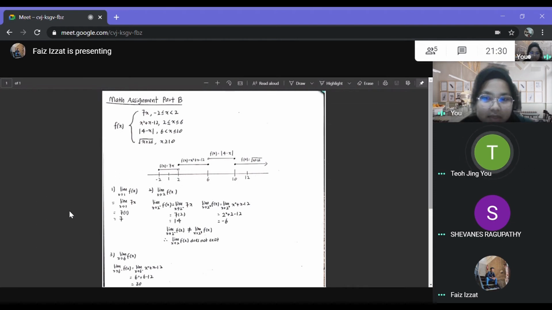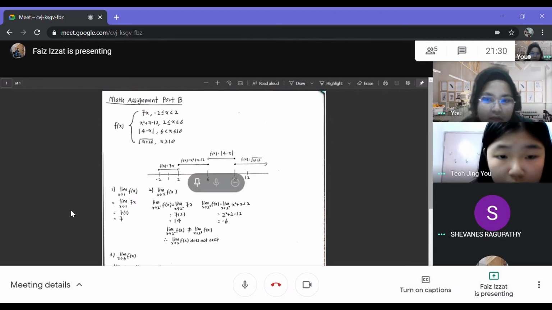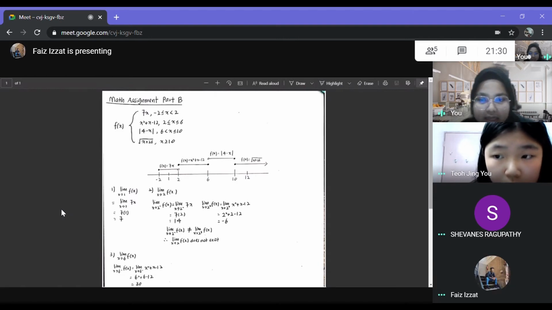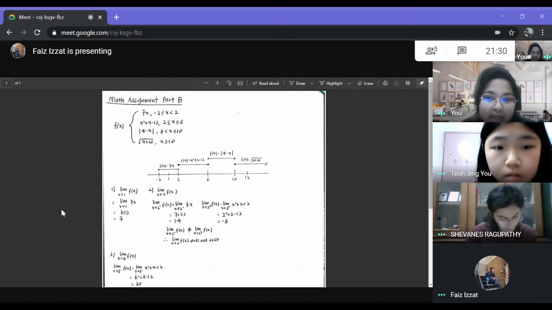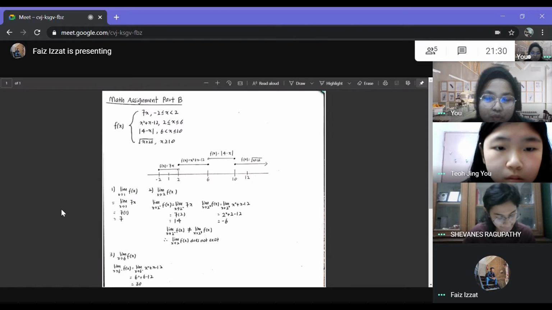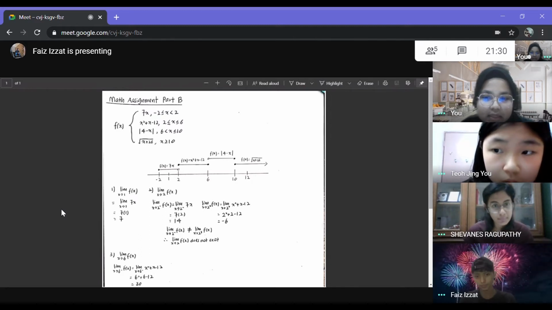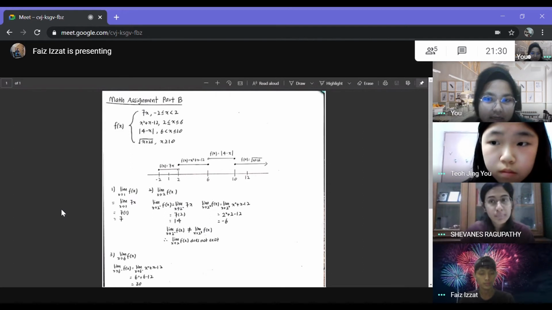For the limit of the function f(x) as x approaches 2, we are going to discuss the left hand side and the right hand side. On the left hand side, we calculate the limit of the function f(x) as x approaches 2 from the left. So we write the limit of 7x as x approaches 2 from the left.